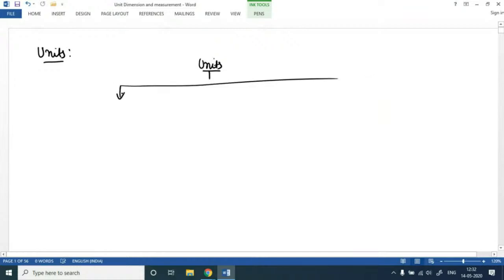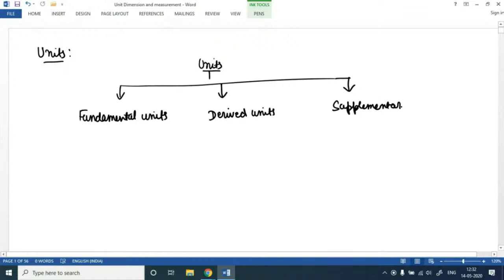Units will be either fundamental units, or derived units, or supplementary units. We will be talking about each of them one by one.